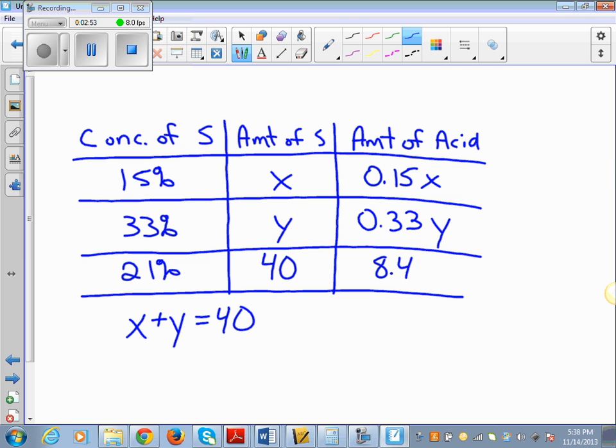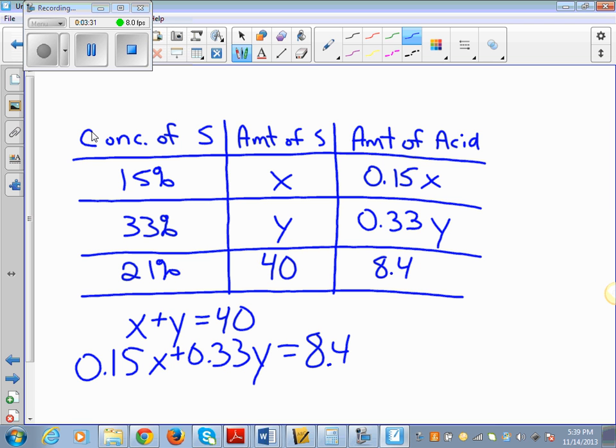So we have one equation set up. We can look at our last column for the amount of acid. The 0.15x plus 0.33y has to be equal to 8.4, because the 0.15x is how much actual acid is in the first solution, and then the 0.33y is the other amount of acid that is from the second solution.